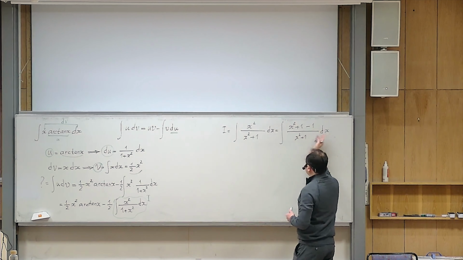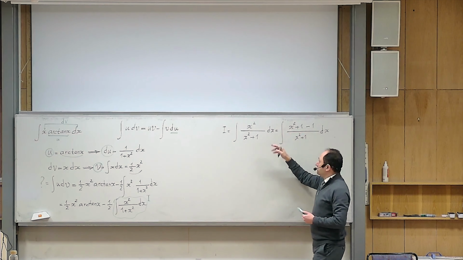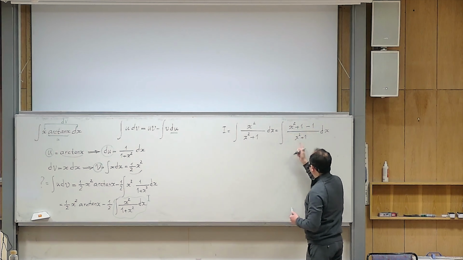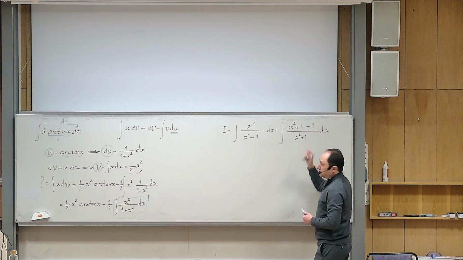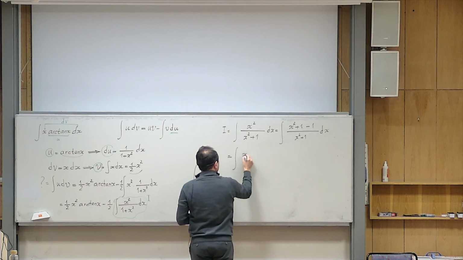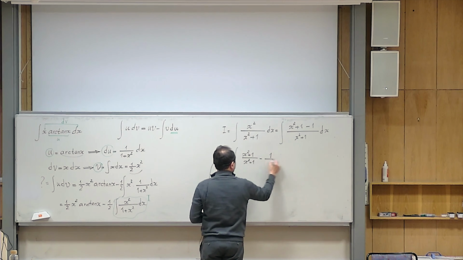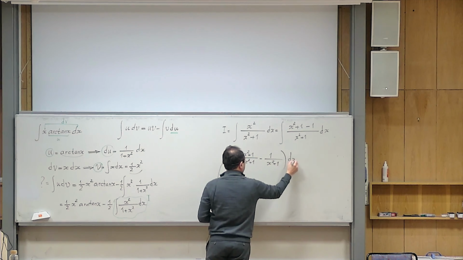So I have done nothing; I have added 1 and subtracted the same 1 to compensate, so that's exactly true. Then I take the first two terms and divide them by the denominator, minus the second one divided by the denominator. So this becomes x squared plus 1 over x squared plus 1 minus 1 over x squared plus 1, and then the whole expression dx.